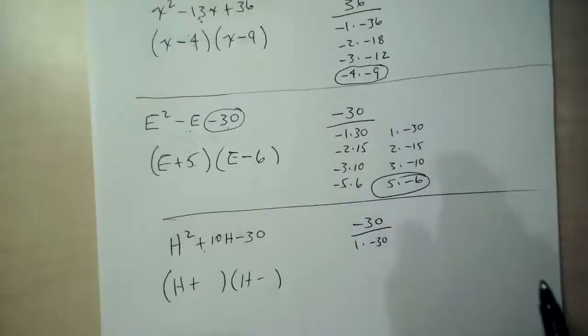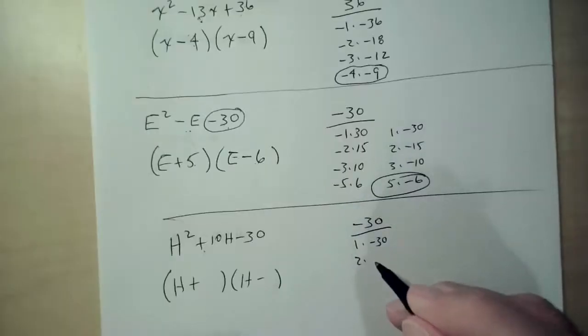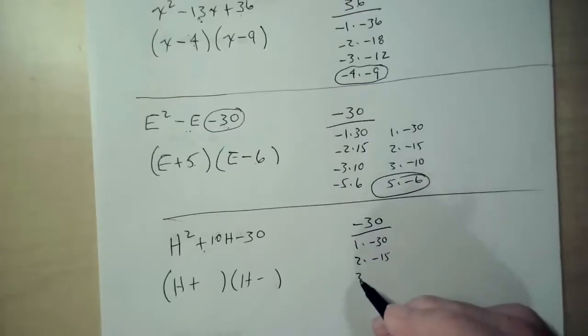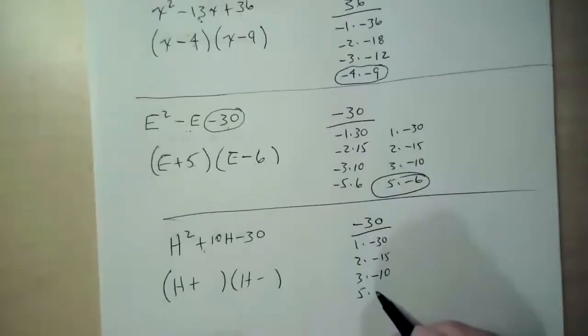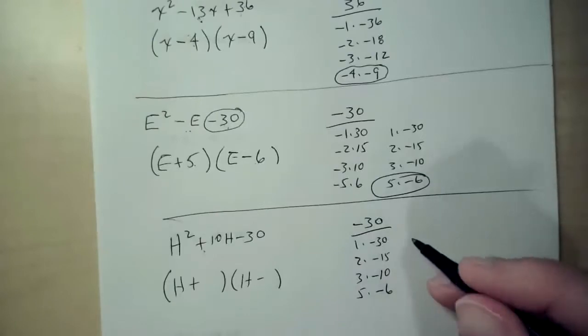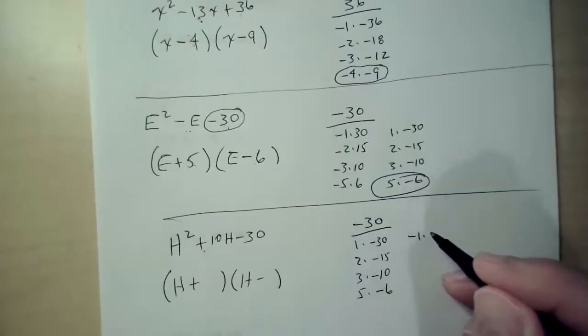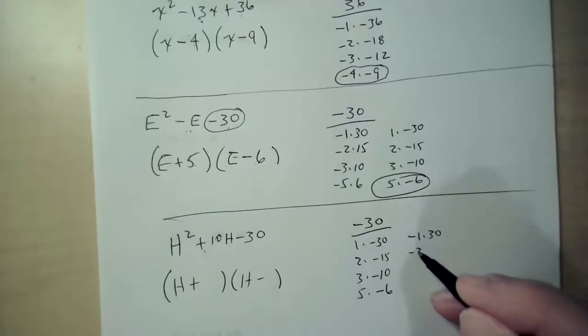Well, if you want to start from 1, there's 1 and negative 30. Like I said, I'm going to show you how to do this on the calculator, and it'll spit out the answer for you. 2 times negative 15, 3 times negative 10, 5 times negative 6, and that's all, right? Or we have the opposites.